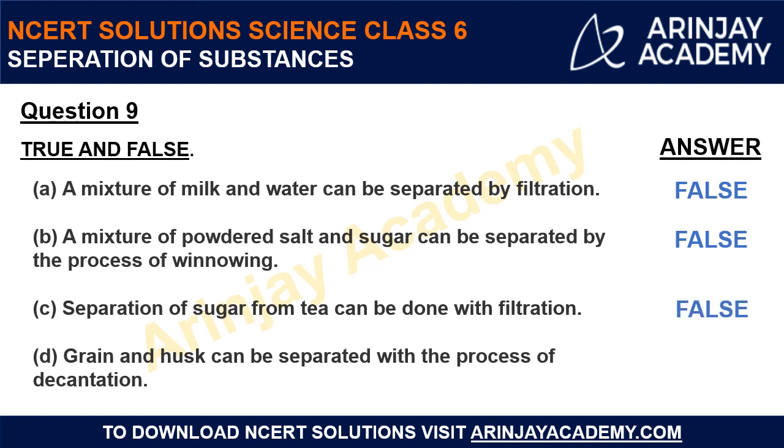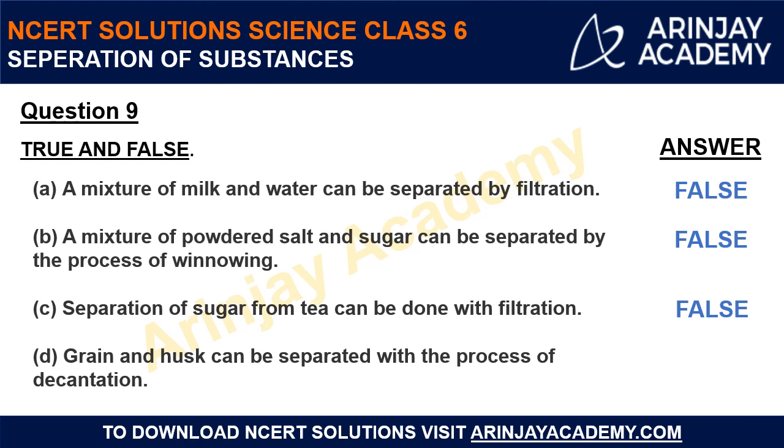D. Grain and husk can be separated with the process of decantation. So if you have a mixture of grain and husk, can you separate it by decantation? Of course not. Why? Because in decantation we have one of the components in solid and heavier form. Being more dense, it settles down at the base of the beaker, keeping the lighter or less dense component at the top.